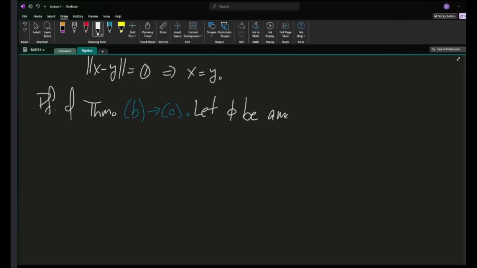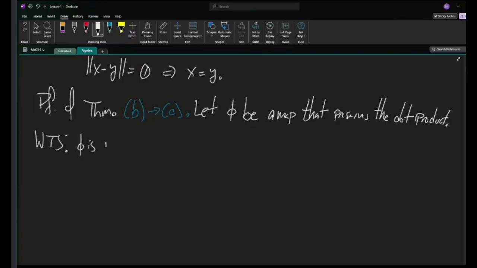So let phi be a map as given that preserves the dot product. We want to show phi is a linear operator.